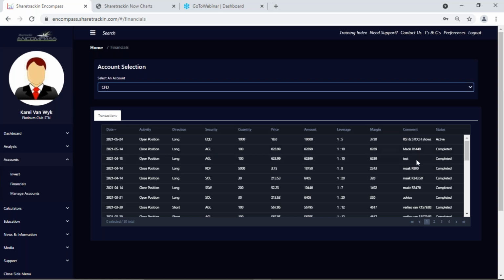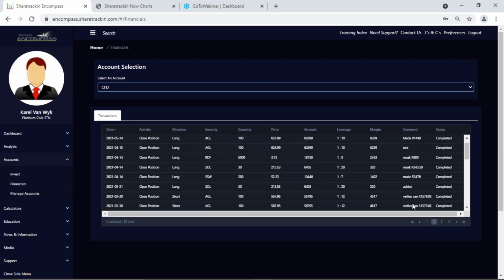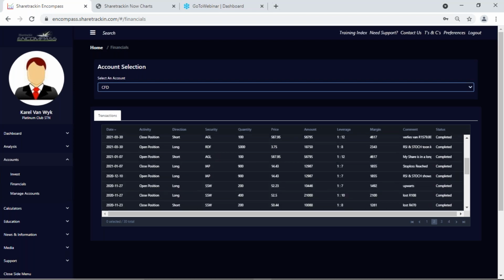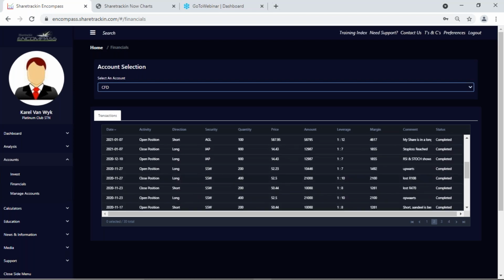That one was a test that I just did to test something. This one I've made 800 Rand on. So there you can see I've made a bit of money, but you can also see I've lost a bit of money. So you must compensate for the money that you are going to lose. Like there, I've lost a couple of Rand.